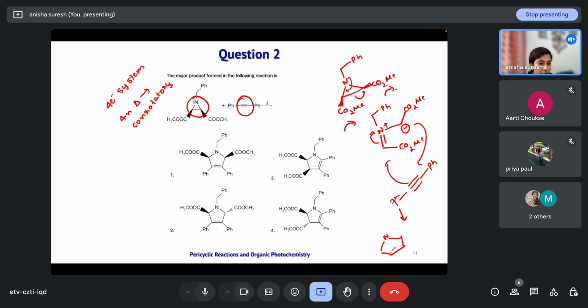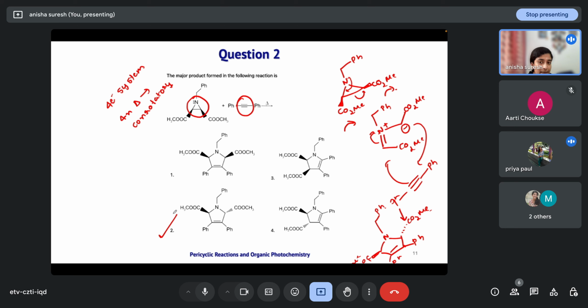Here a double bond will be there, as only one double bond will be reacting, CH2Ph. And one of the CO2Me will be outside and the other one will be inside. So this will be the final product. Option 2 will be the right answer. Clear?